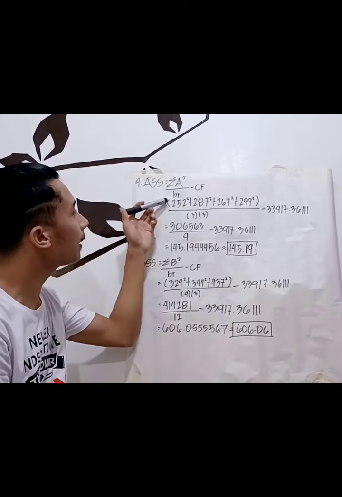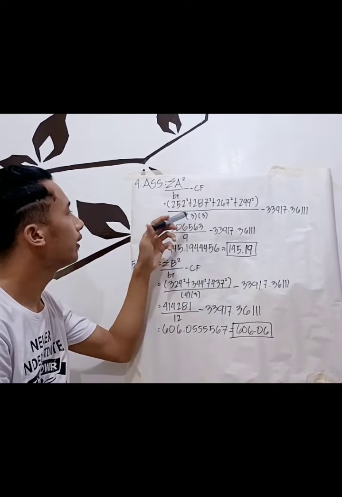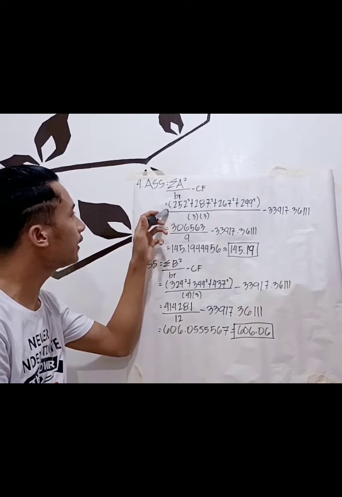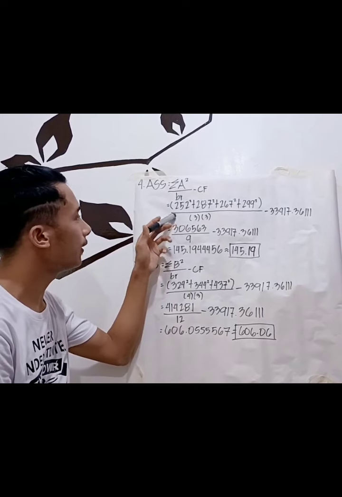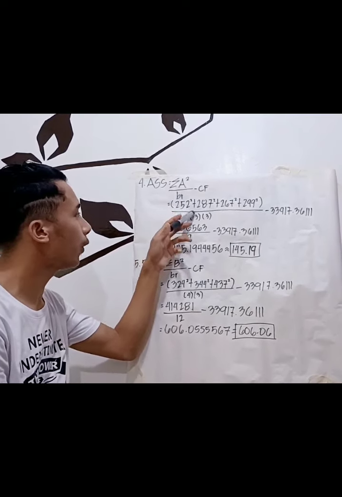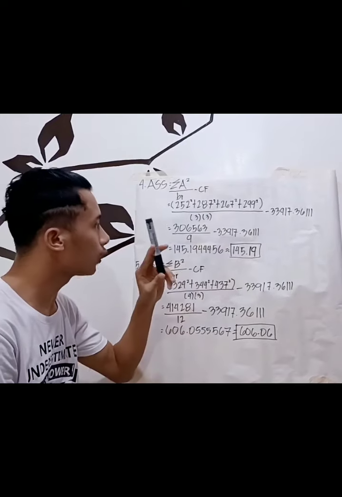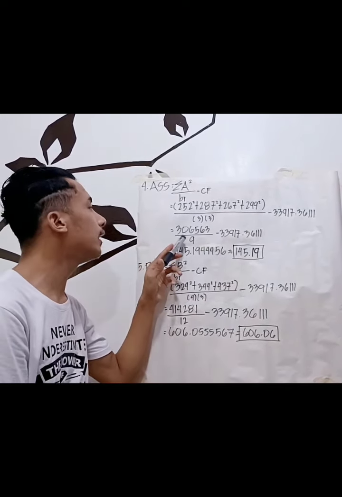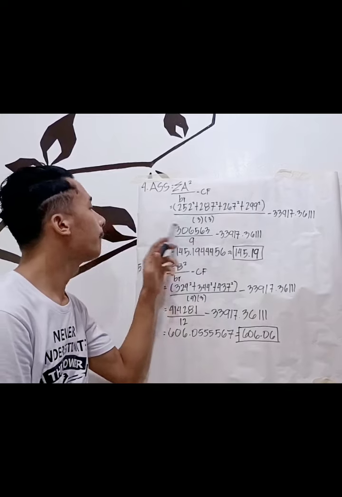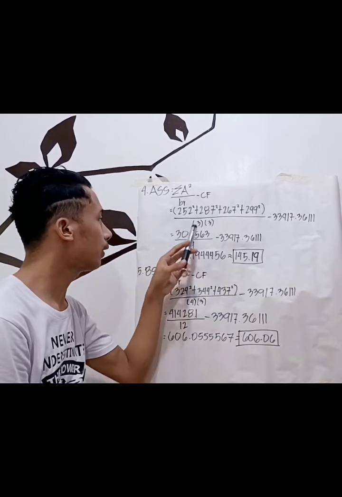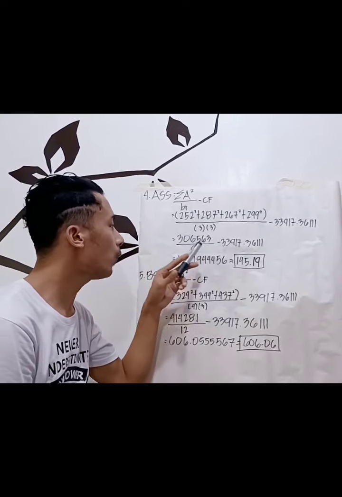Let's proceed to number 4 which is ESS equals of summation E squared divided rather by BR minus CF. So our summation of E squared is equals to open parenthesis 252 squared 219 squared close parenthesis is equals of 306563 divided by 9. So, kay 9 is 3 times 3 equals 9.